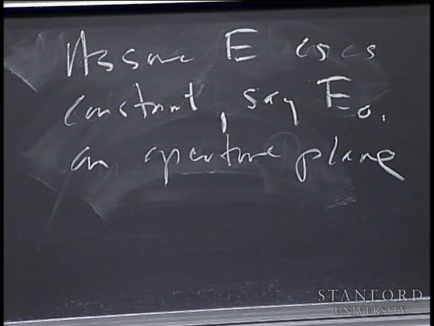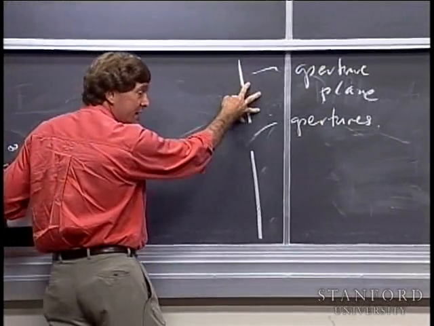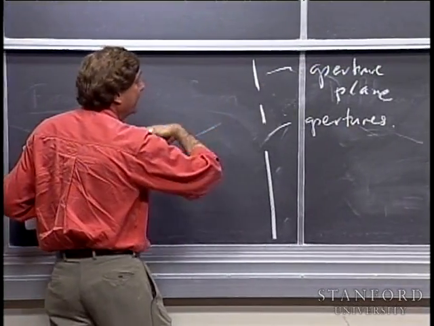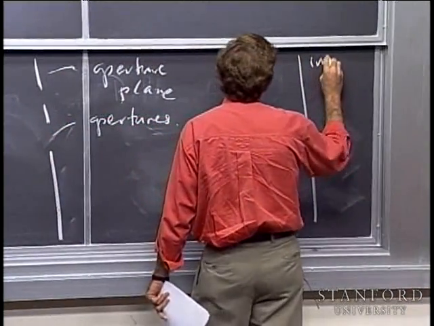Now, some distance away, which I can't represent too well on the blackboard, is the image plane over here. So light starts from the source, hits the aperture plane, and then gets diffracted by the apertures and winds up on the image plane over here.